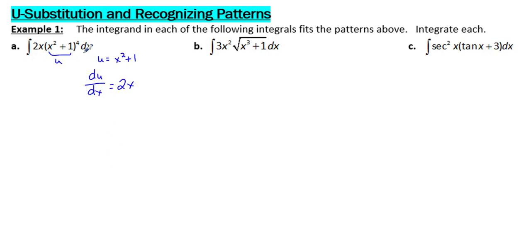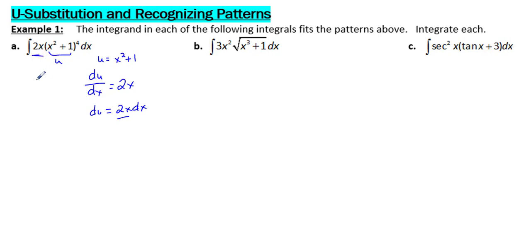But what in the world? It's just written as dx. Well, remember what I said we could do? We can multiply both sides by dx. Let's do that. And now we have du equals something times dx. Well, what do you know? We have a 2x over here we had to get rid of also.